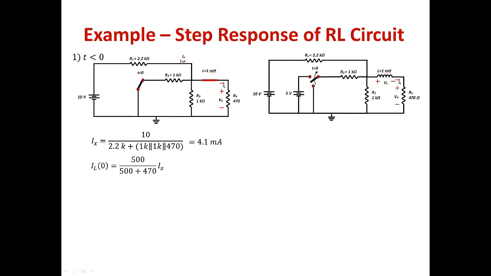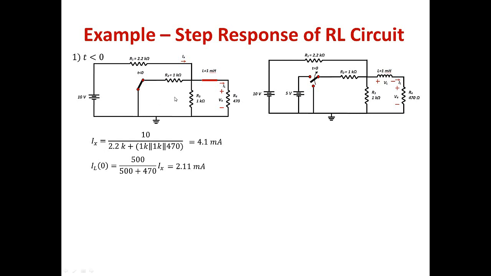So IL at 0 will equal the opposite resistance, which is the sum of those two in parallel, that is 500, over the equivalent resistance, which is the 500 plus 470, times Ix, which I just solved for earlier. Now this will equal 2.11 milliamp.